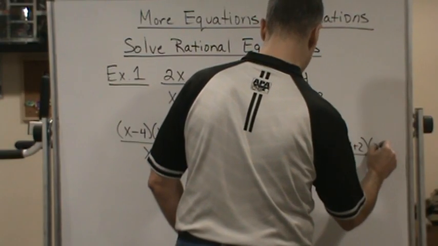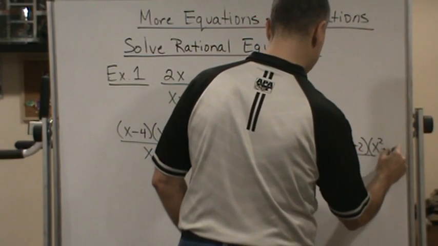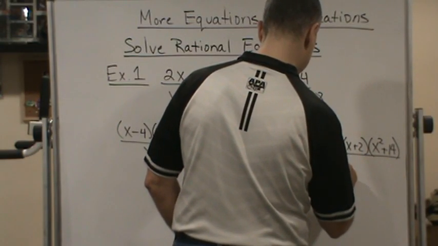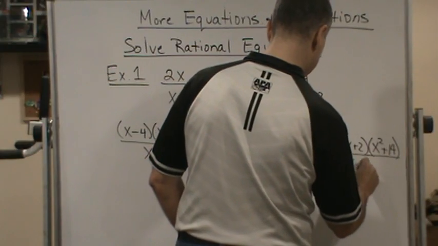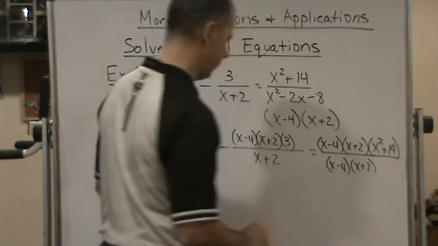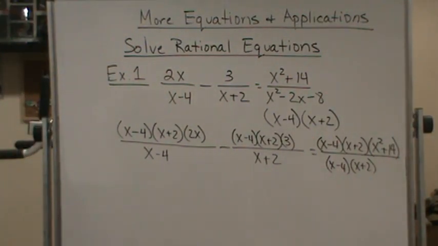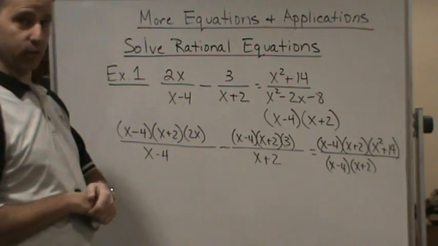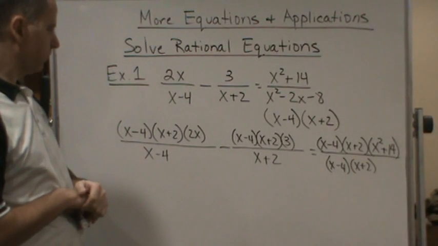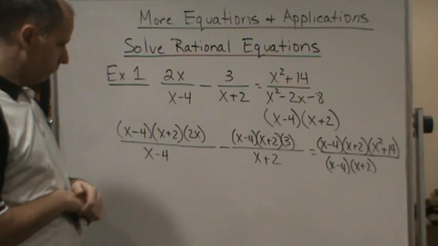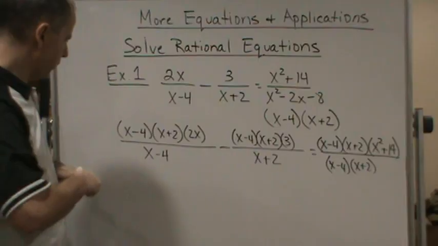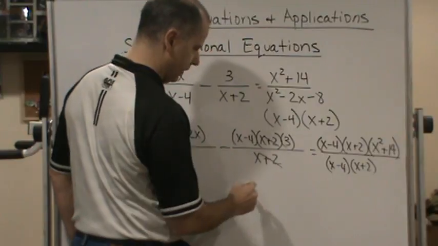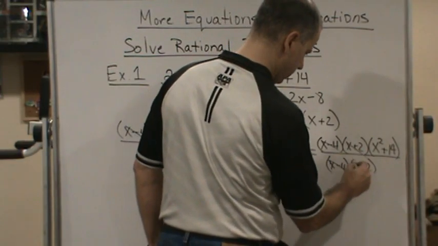Sometimes I write too big. All I did was multiply everything by the LCD, the lowest common denominator. And now you'll see that the denominators all cancel out.